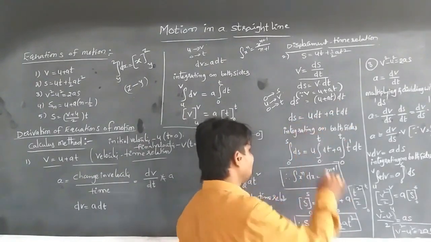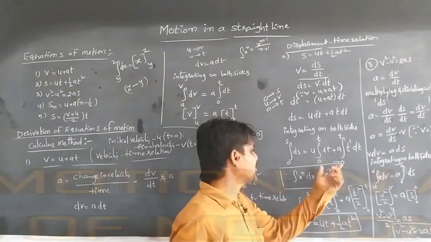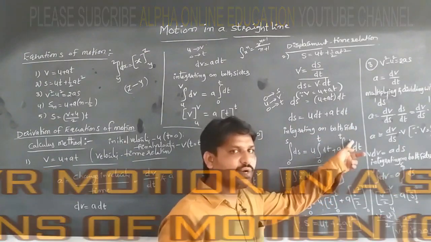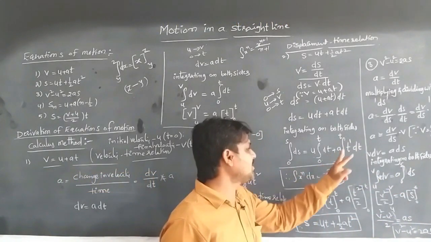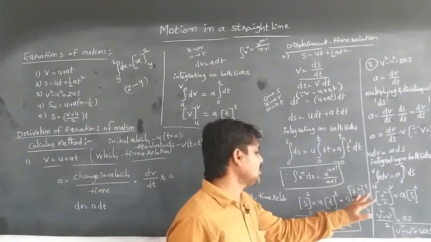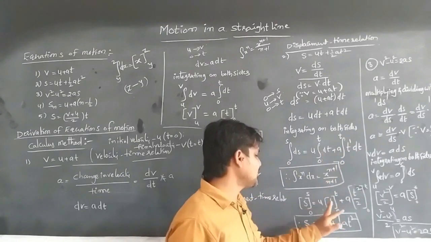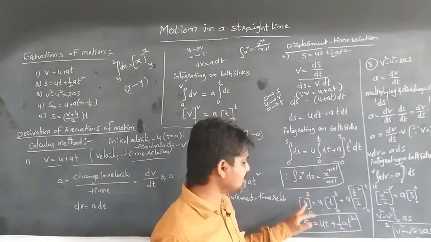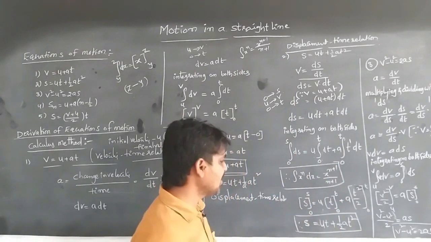Then as usual by the calculation, for t power 1, if nothing is written we consider it as 1. So t power 1 means t power 1 plus 1 by 1 plus 1, which gives t square by 2. The integral of dt means t between the limits 0 to t, and the integral of ds means s between the limits 0 to s, the displacement limit.